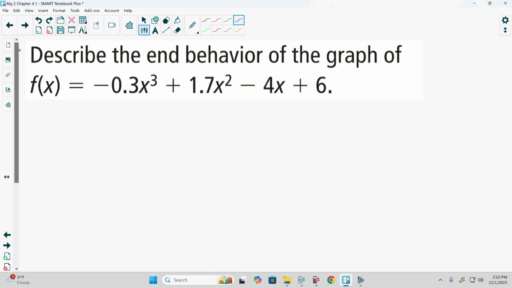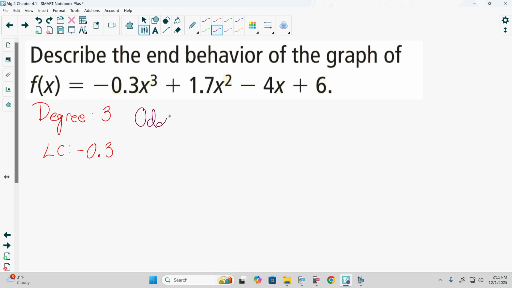Describe the end behavior of this function here. Well, the two main things we need are degree and leading coefficient. So the degree for this function would be 3. And the leading coefficient is negative 0.3.